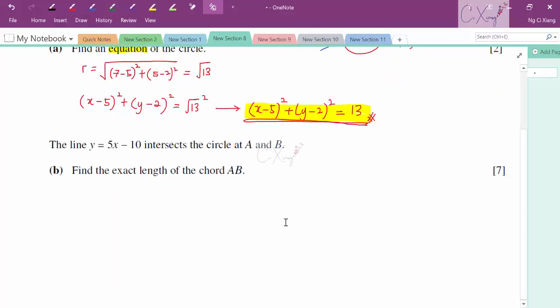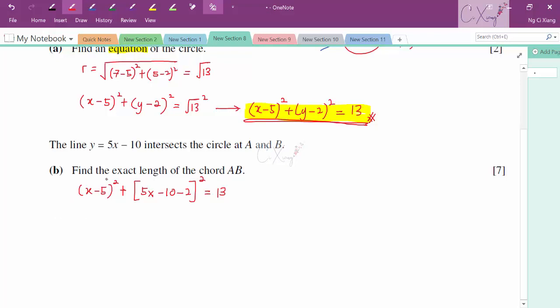All right, so we will need to substitute the line equation into the circle equation. So for the y, I will replace it using 5x minus 10. Therefore, I'm having x minus 5 squared plus 5x minus 10 minus 2 squared equals 13.